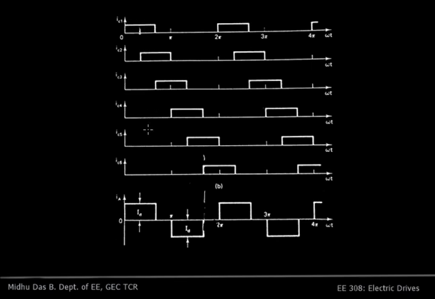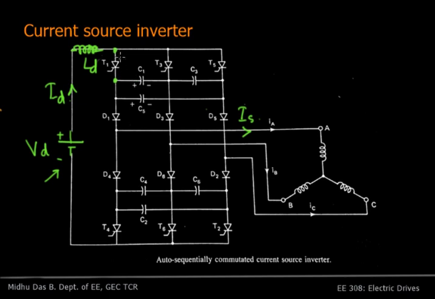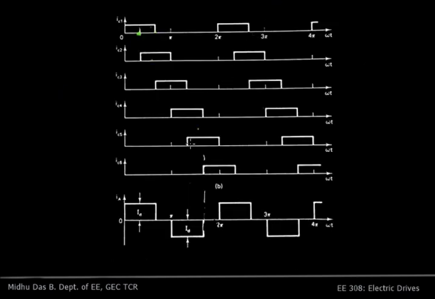You can see when thyristor T1 is on, and in this period both T1 and T2 are turned on. When T1 and T2 are turned on, the current will flow through T1, through the machine, and complete its path through T2. So the current flowing through phase A is ID, that is IS equal to ID at that point. That is what is plotted here.